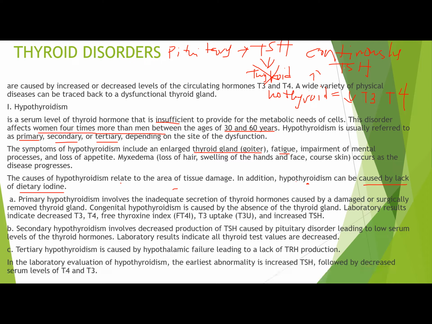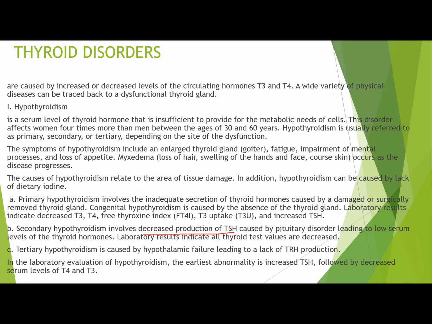The secondary hypothyroidism naman includes the decreased production of TSH caused by a pituitary problem. So kung sa primary hypothyroidism, ang problema is ang thyroid, sa secondary naman class, ang may problema is the pituitary. This leads to low levels of thyroid hormone. Lab results would indicate that thyroid levels are decreased. So lahat decreased class.